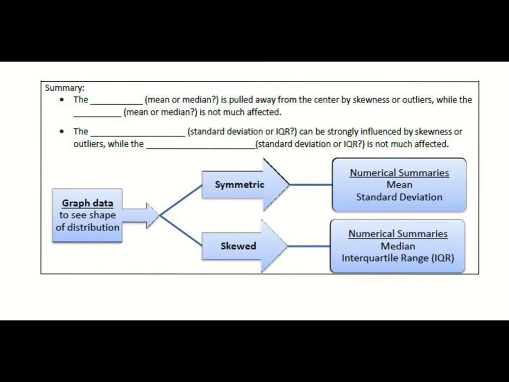Okay, so in summary, the mean is pulled away from the center by skewness or outliers, while your median is not affected.